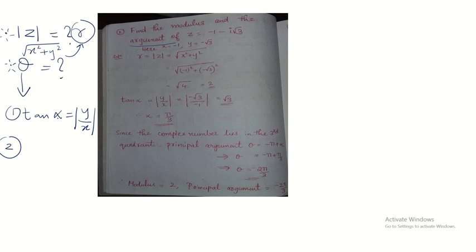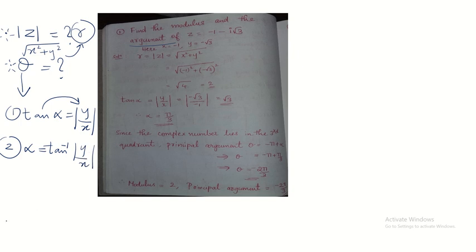So tan alpha is equal to modulus of y by x, and from this alpha is tan inverse of modulus of y by x.